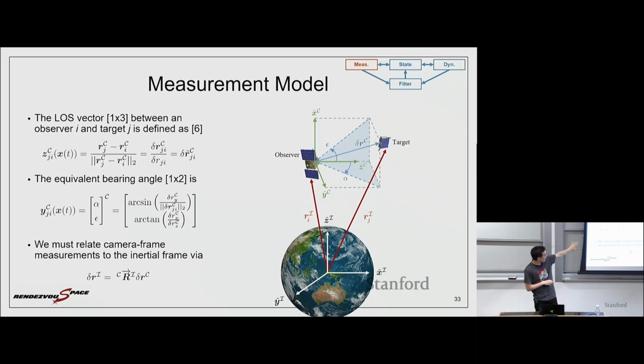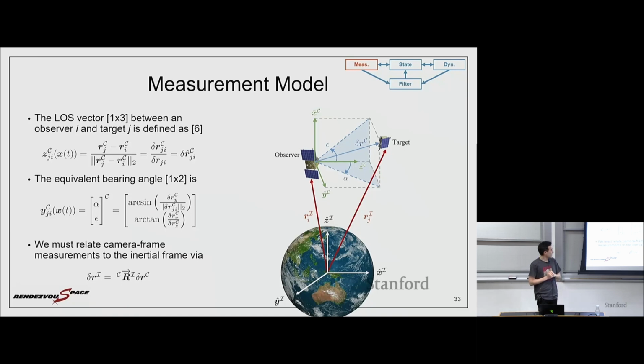Now, equivalently, we can define a bearing angle made up of azimuth and elevation, which can be computed from this unit vector. Bearing angles can be preferable in the sense that the unit vector is 3D, while the bearing angle has 2 components, so it's more efficient in terms of how we store our information.